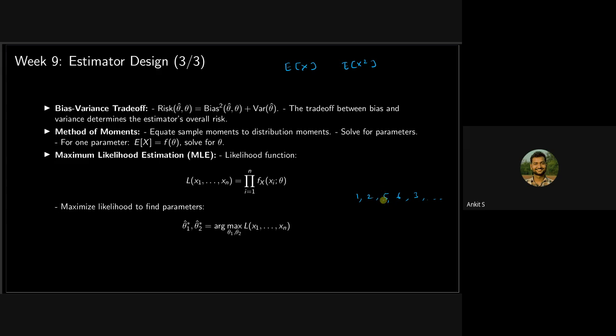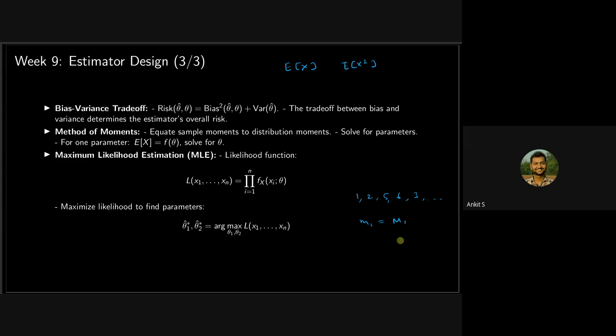The mean that you calculate from the sample is called the sample moment. It is denoted by small m1. Small m1 will be 1 times the fraction of times you get 1 in your sample, and so on. Then m1, m2, m3, you equate with the capital M1.